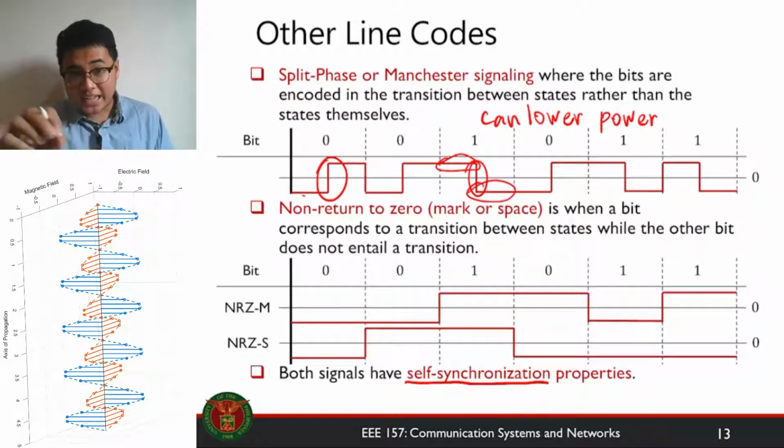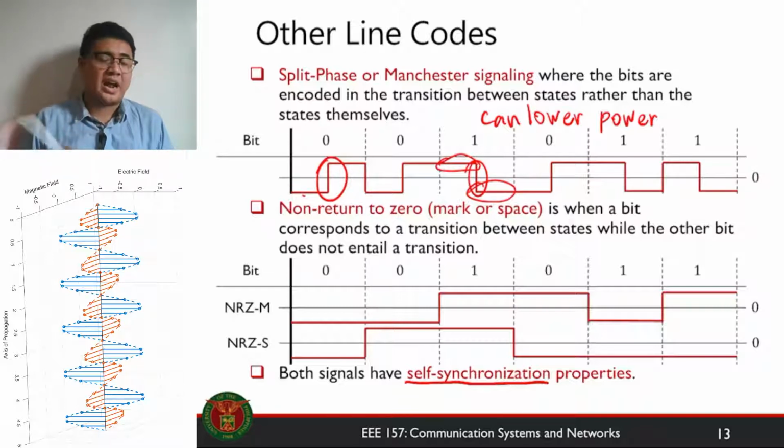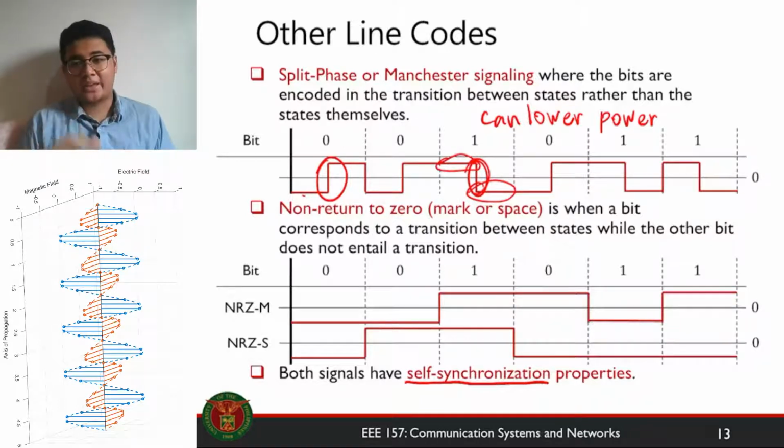An edge detector is very easy to implement using an operational amplifier, actually. So you just need to track that transition so you can recover your bits. Once you track that, you get your bits. So you can transmit this in a low power and you can still recover your bits without error.